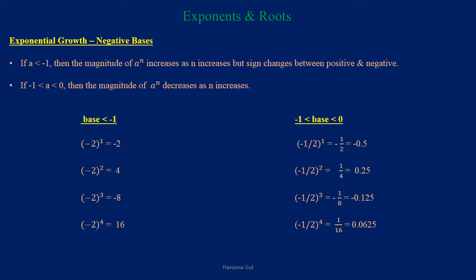If a is between -1 and 0, that is, if the base is between -1 and 0, then the magnitude of a raised to the power n decreases as n increases. Now, I would suggest to you to kindly take the help of a number line to understand this concept well.